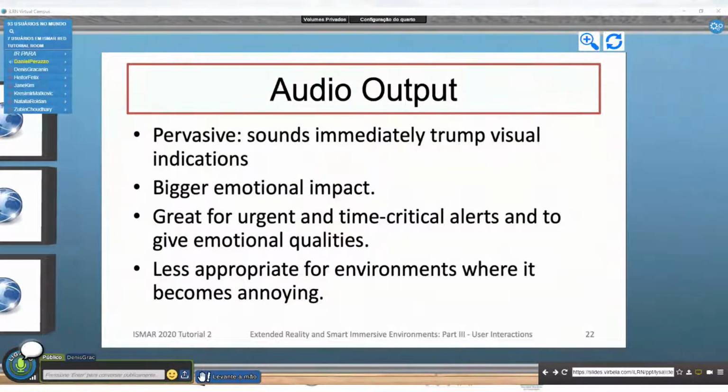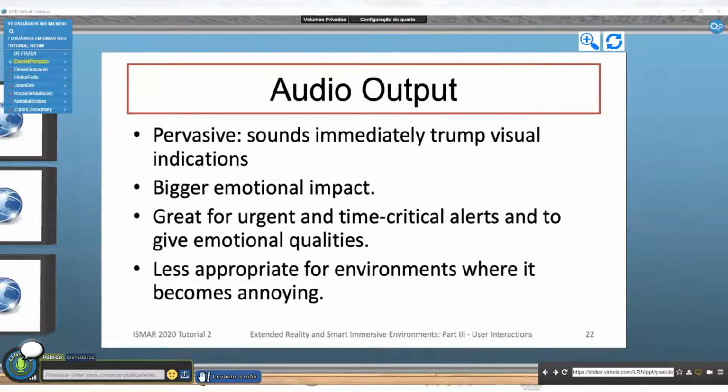Audio output can be pervasive. In other words, sounds will immediately override visual interactions, so sound has more impact, at least more emotional impact in terms of communicating the mood of things like that. Therefore, audio output is great for urgent and time-critical alerts because a flashing light without sound is not as effective.